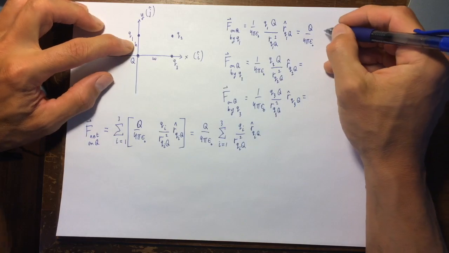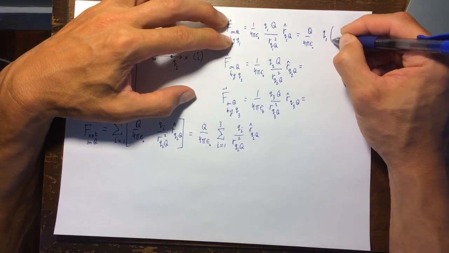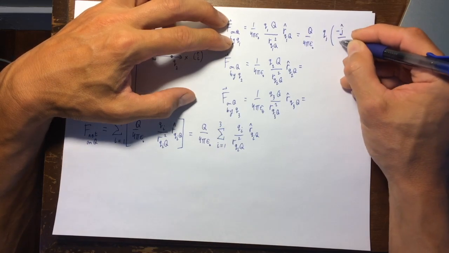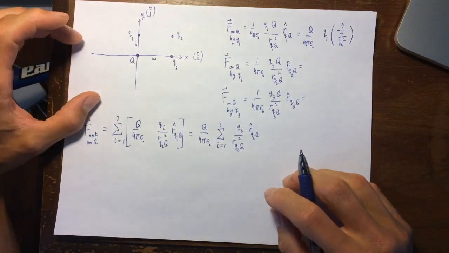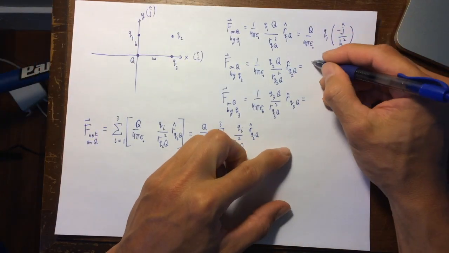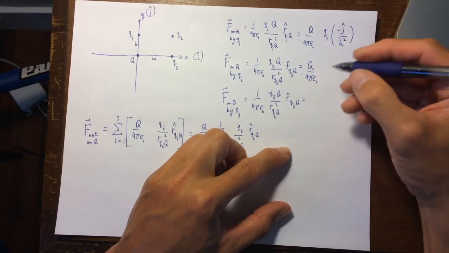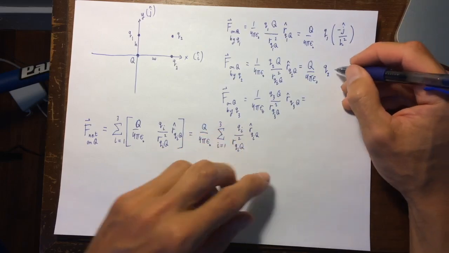So this is Q1 times negative j hat divided by h squared. The next term has the same prefactor, like this. It's got a different charge to interact with.